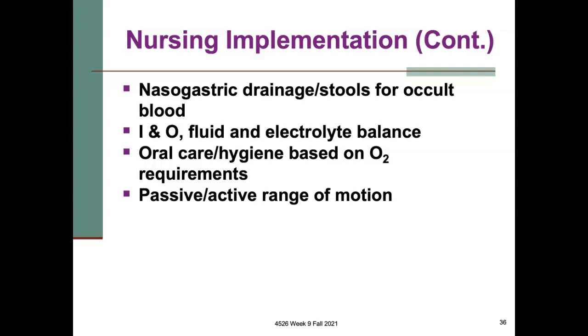In and outs, fluid and electrolyte balances will be checked. Oral care for the patient in shock is essential, and passive range of motion should be performed 3 or 4 times per day. Hygiene is especially important for the client in shock because impaired tissue perfusion predisposes the client to skin breakdown and infection.